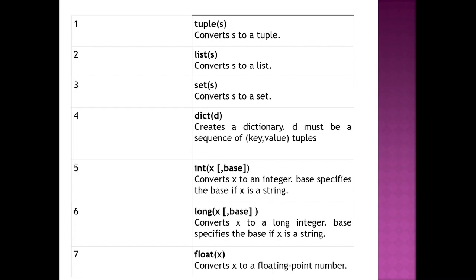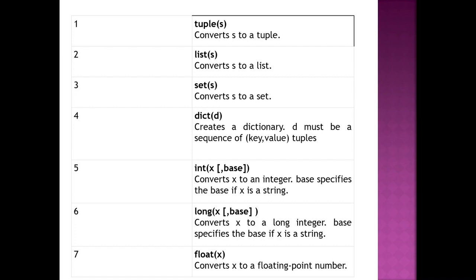As I said, x can be of any type other than float, because if it is already a float, we will not convert it into the same type. So x will be of some other type, and I have given float of x, which converts the variable x into type float.